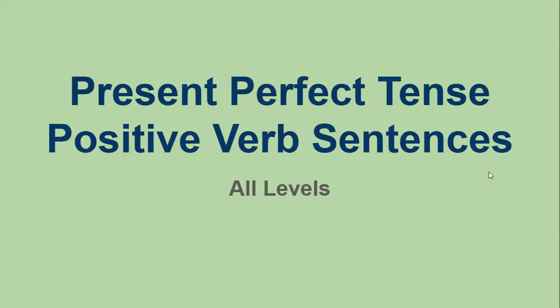So, welcome to the present perfect tense positive verb sentences. In this lesson, we are starting a new tense, which is the present perfect tense. We need to look at first, when do we use the present perfect tense?